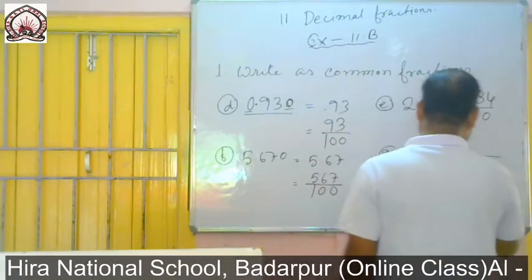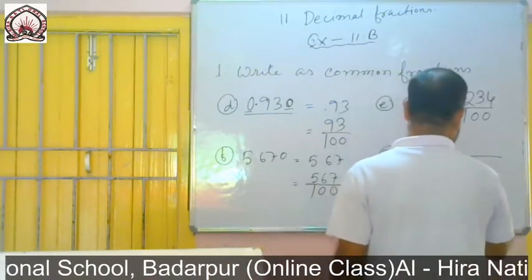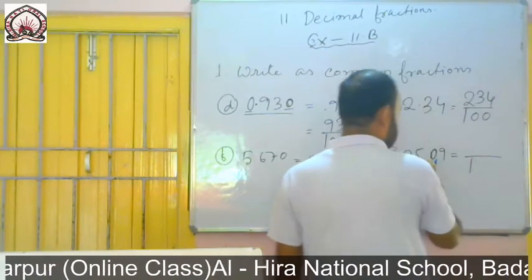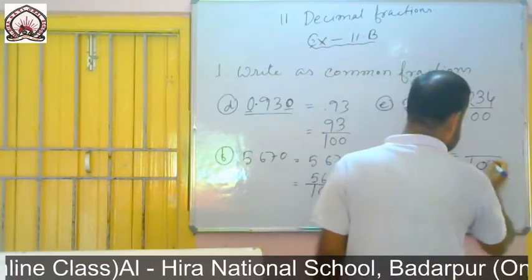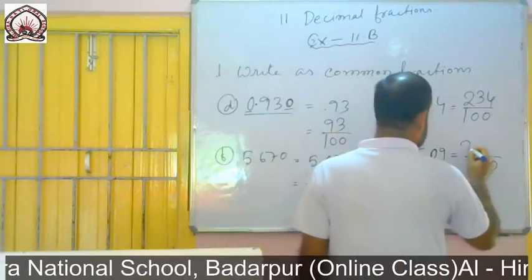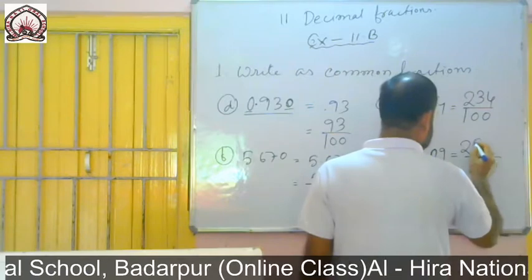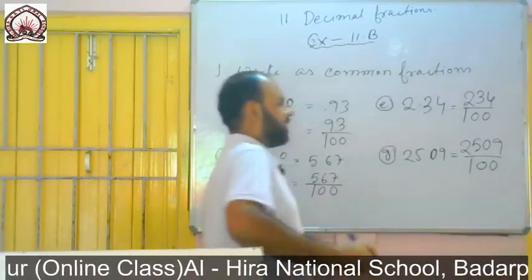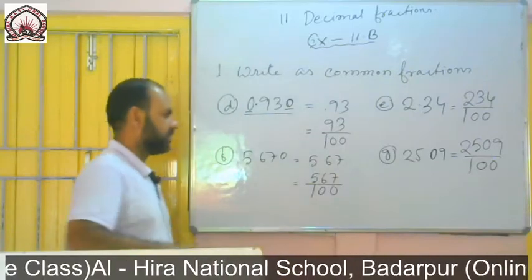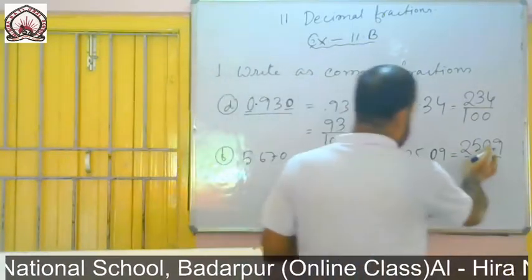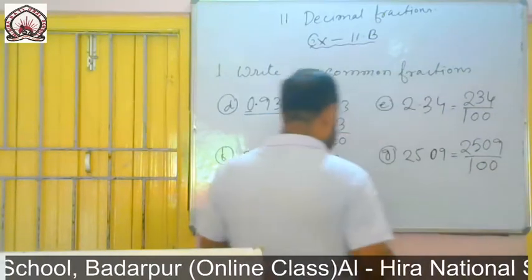After the point there are 2 digits, so in the denominator place we give 1 and then 2 zeros, and write this number without the point. That means 2509 by 100.